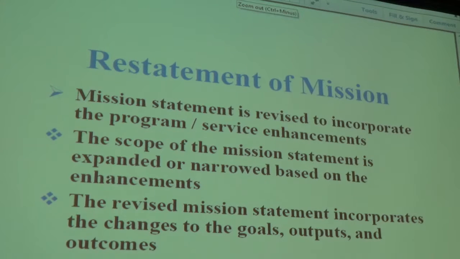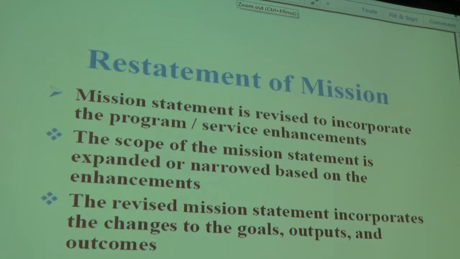If things were streamlined, then there's going to be a reduction of goals and objectives. If multiple programs were consolidated into one major program, the goals and objectives are going to change. They're either going to be expanded or reduced based on the streamlining of programs and services.